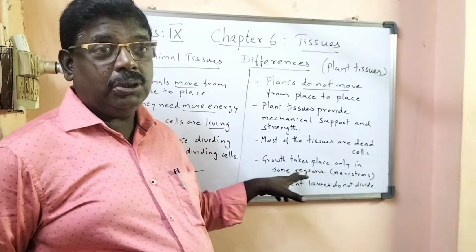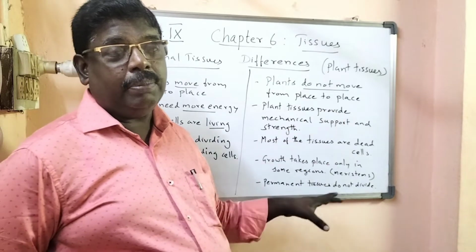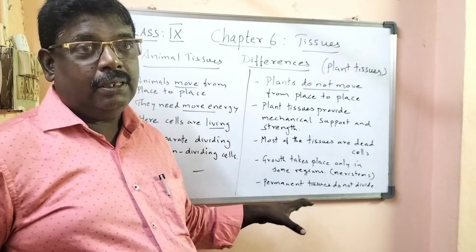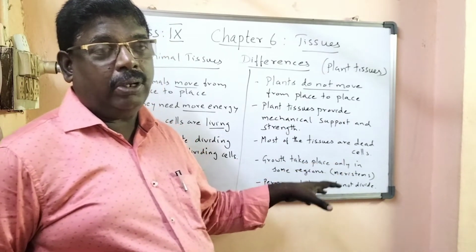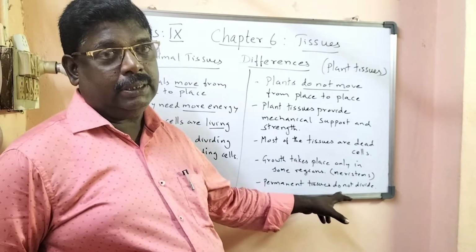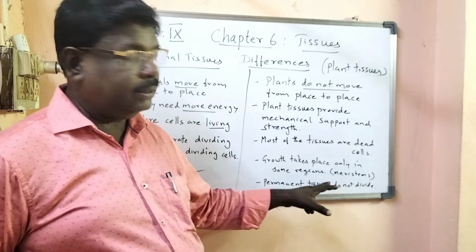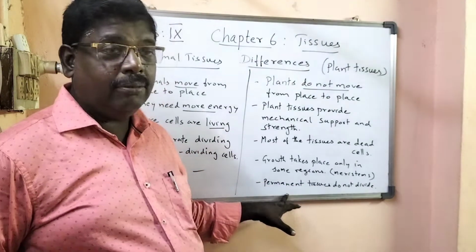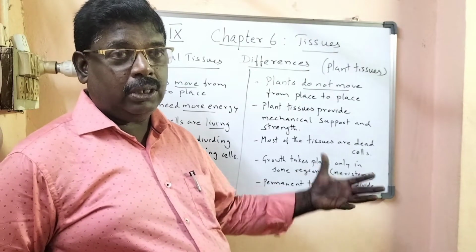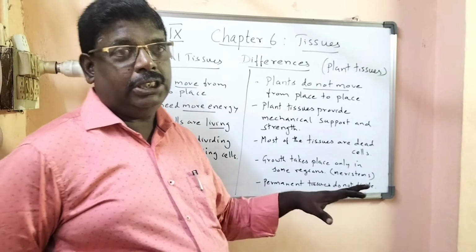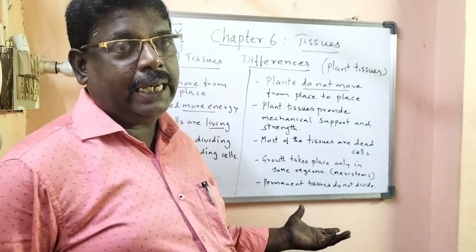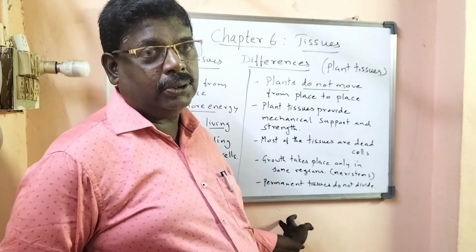When it comes to growth, it takes place only at certain places. The growing regions are called meristems. Meristem means the growing region of the plants. Plants also have permanent tissues that do not divide; they have lost the power of dividing after maturity.